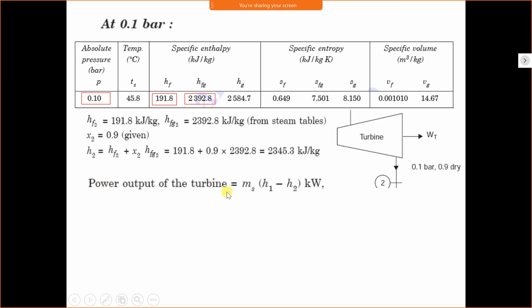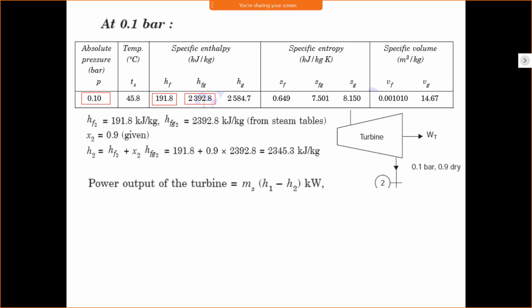Then the power output from the turbine. We have seen the formula for work done of the turbine: work done of the turbine is H1 minus H2. When we multiply work done with the mass flow rate, we get power output.